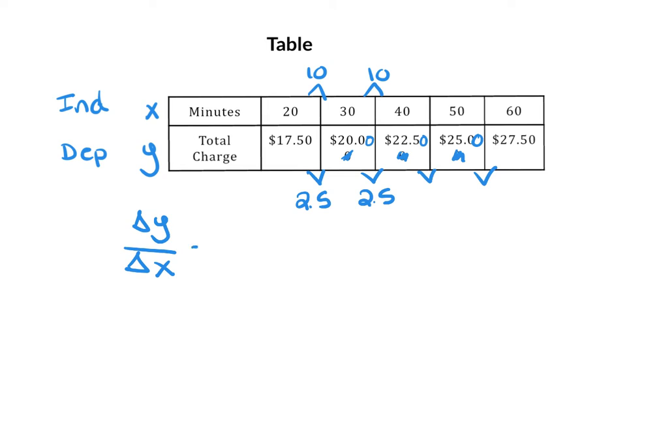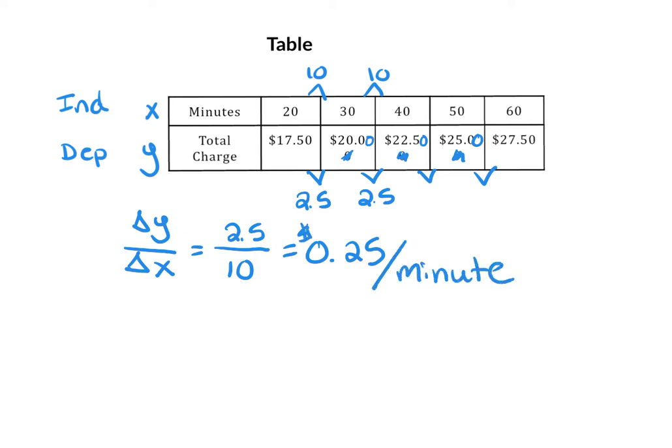So my y values are changing by 2.5, and my x values are changing by 10. So what is 2.5 divided by 10? It is 0.25. And that is money per minute. So there's rate of change from a table.